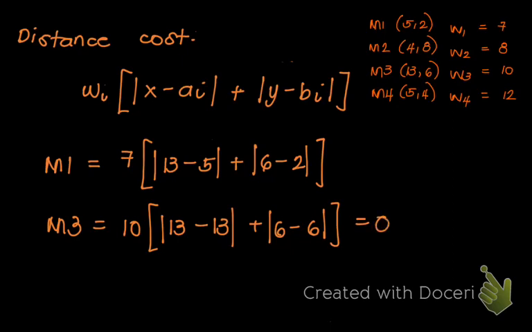So we'll have 13 minus 5 plus 6 minus 2. That's 12 times 7. We have 84. So total is 84. Therefore, our total distance traveled is 84.